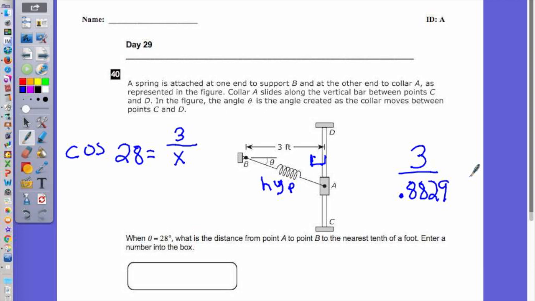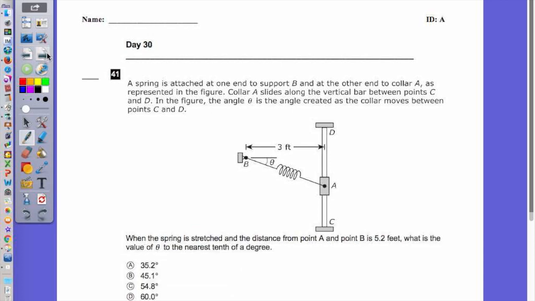Okay. Oh, let's do 41. Another spring. Oh boy. Okay. So now, A to B is 5.2. So adjacent over hypotenuse. Since we're finding an angle measure, we're going to be using the inverse.